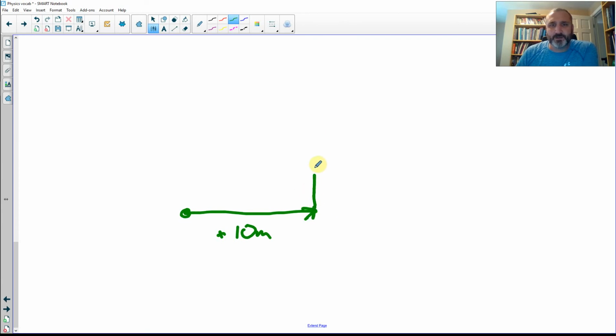And then I positive displaced in the y dimension another 7 meters. Okay? So x dimension, y dimension, I'm going across and then I'm going up, and we'll do more of this later. So how far did I travel? What was the distance I traveled? Well, 10 meters plus 7 meters, that would be 17 meters.